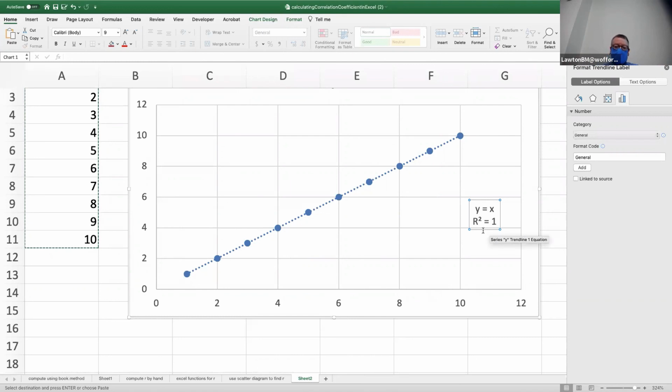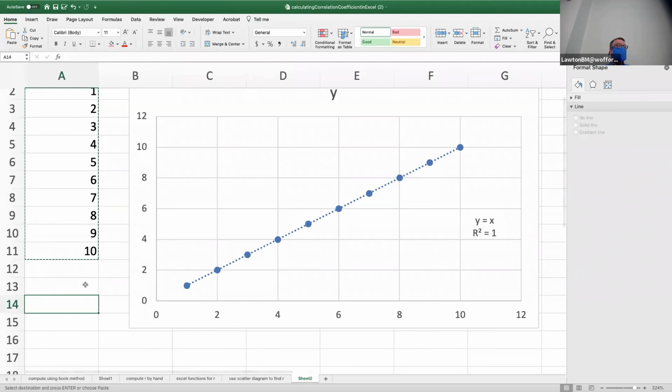What's the correlation coefficient? I have two choices for my correlation coefficient. It would either be what or what? 1 or negative 1. And so if this correlation coefficient was a negative 1, that would mean the line goes down. It doesn't. So it's got to be 1. So if I plug it in, I get 1.